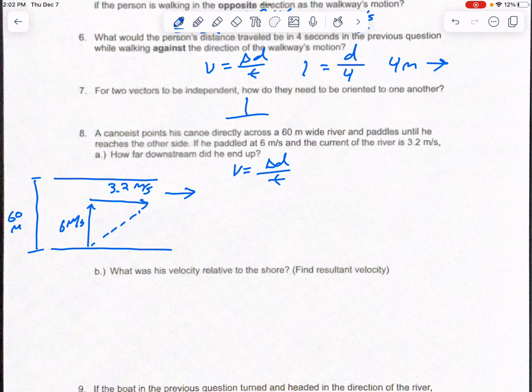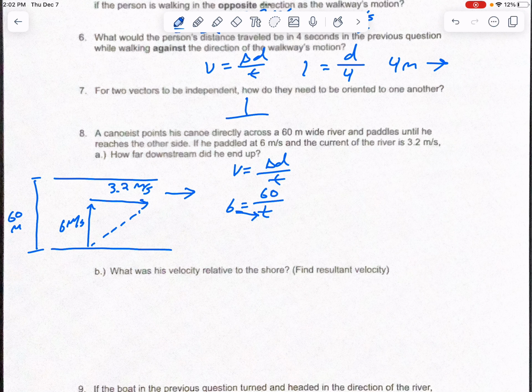So 6 equals 60, which is the width of the river, over time. So swap those two. 60 divided by 6, and you're going to get a time of 10 seconds. Now you know the time. So now you can do your V equals D over T. 3.2 equals D, I don't know, and my time is 10 seconds. So that means when they hit the bank on the other side, they were pushed 32 meters downstream.